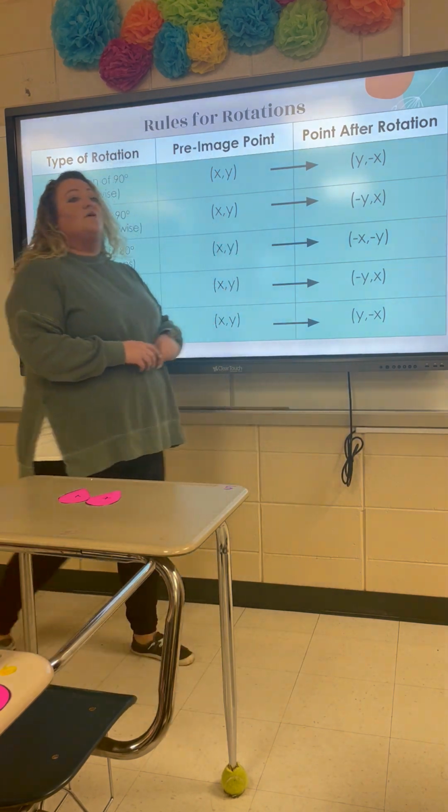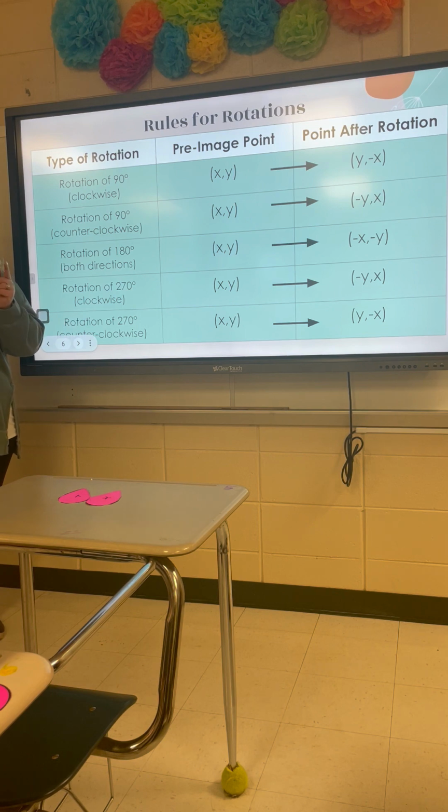So first thing I want to go through is which rules are alike. Notice this says rotation of 90 degrees clockwise. If we rotate 90 degrees clockwise, that's the same as rotating 270 degrees counterclockwise.